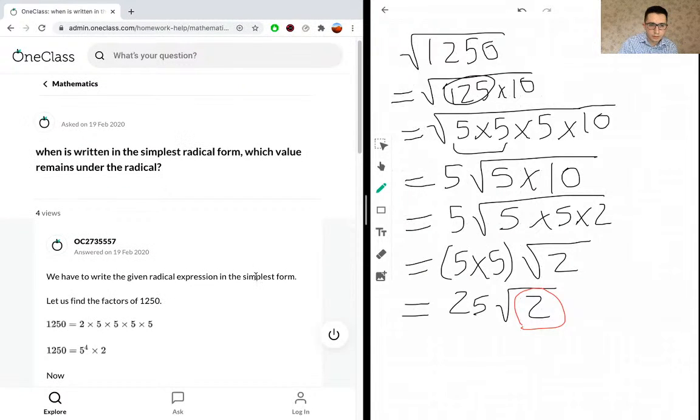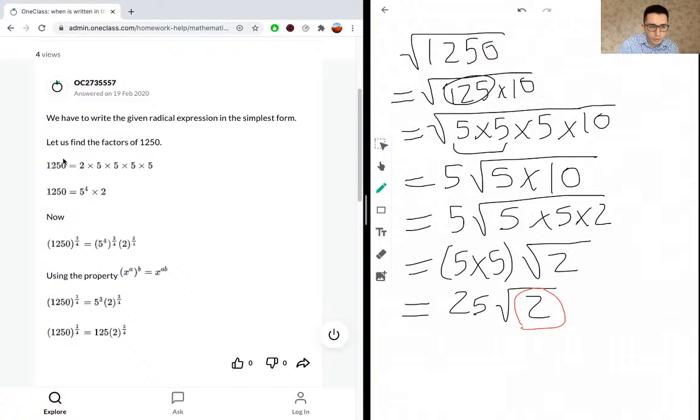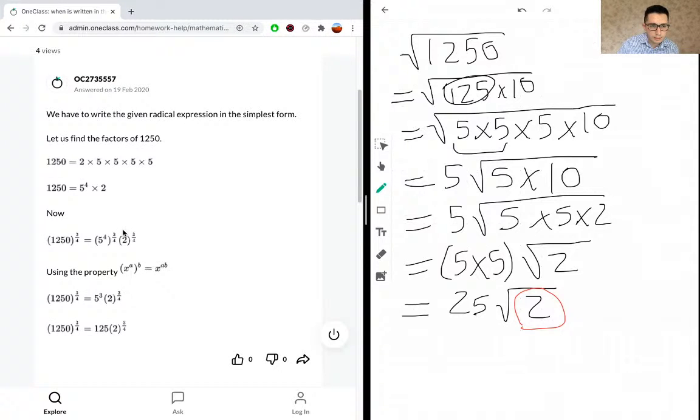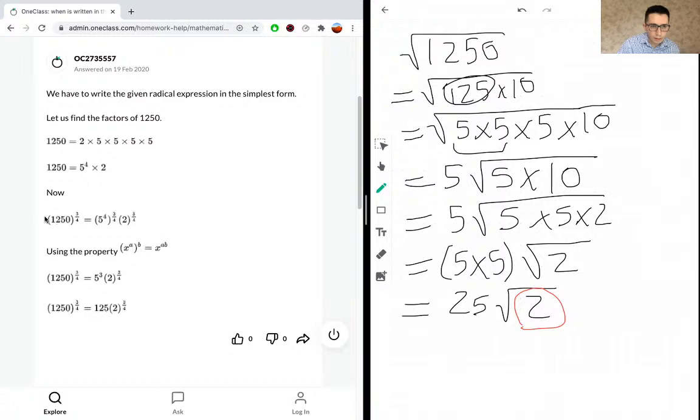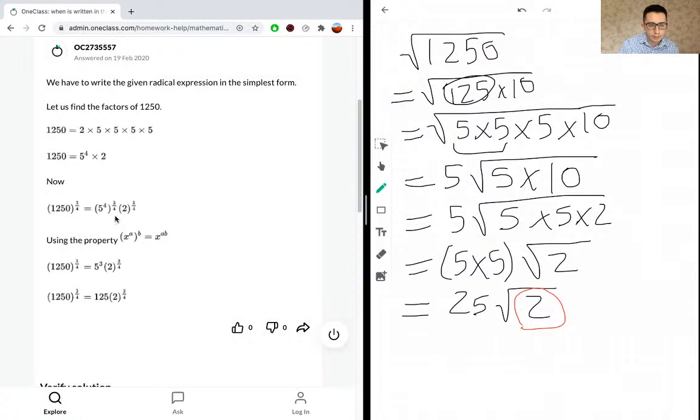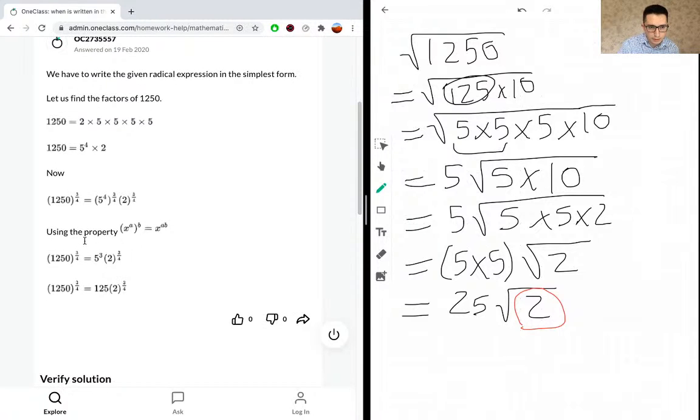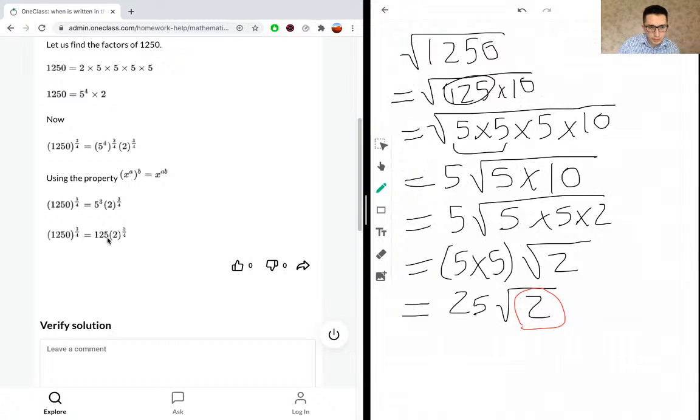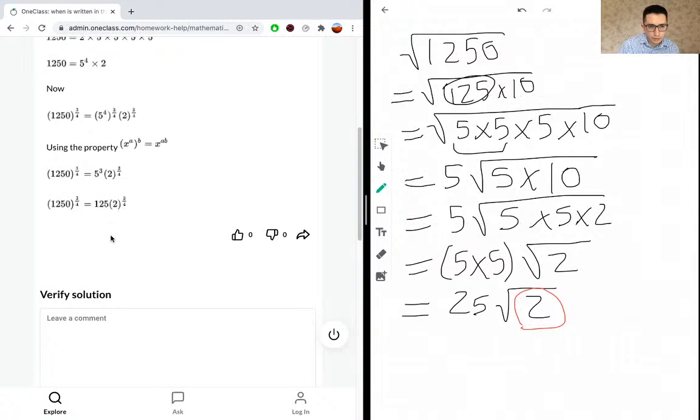Here the solution goes through a similar process. They're trying to get the simplest radical form, but they're overcomplicating it, and they don't really give us the correct answer.